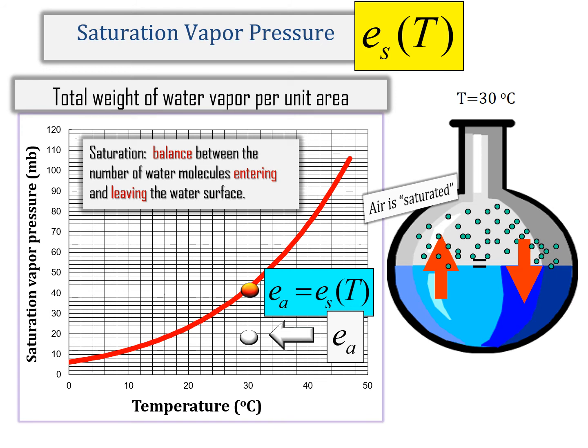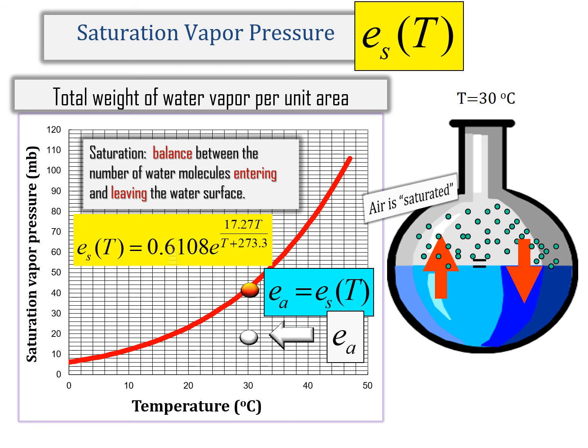So this vapor pressure is called saturation vapor pressure. Any point on the red curve is the saturation vapor pressure. This saturation vapor pressure is a function of temperature. Different temperatures have different saturation vapor pressure.